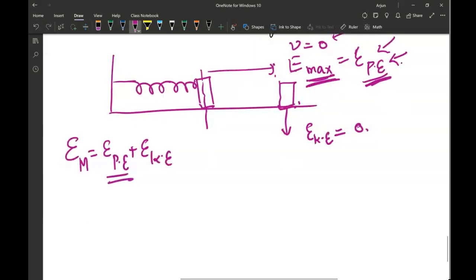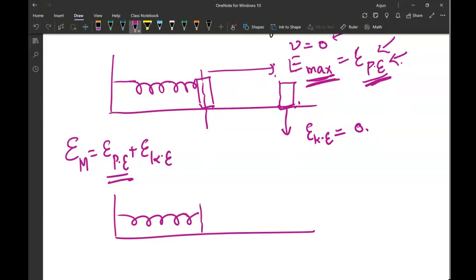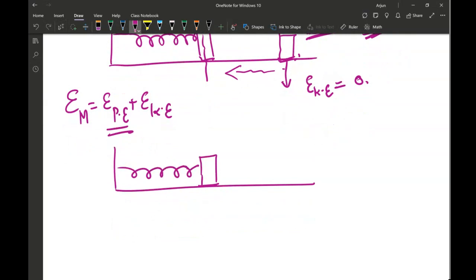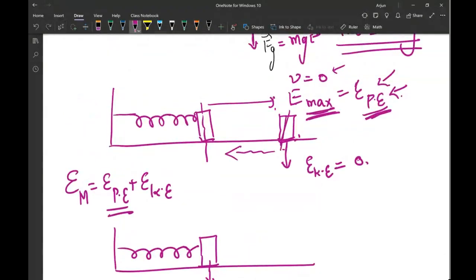Now we can draw another diagram and find out at the equilibrium position what the condition will be. Once you release it, it will start moving in the opposite direction. At this location, EKE will be maximum and EPE will be equal to zero. The mechanical energy concept which we are using is that mechanical energy remains constant throughout its journey, but here potential energy will be maximum, and at this location, kinetic energy will be maximum.